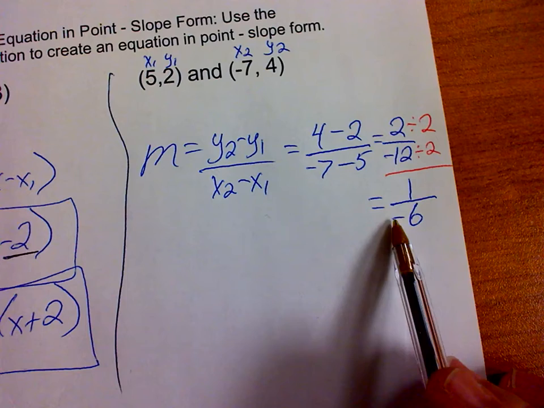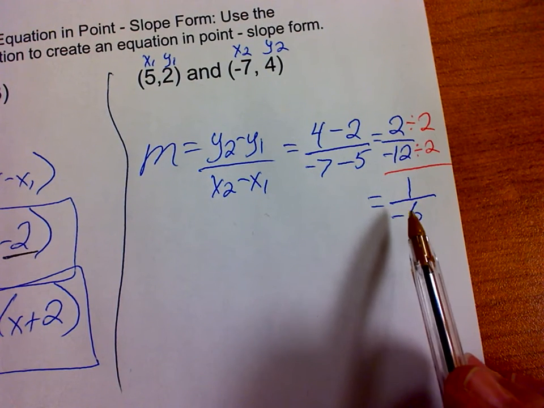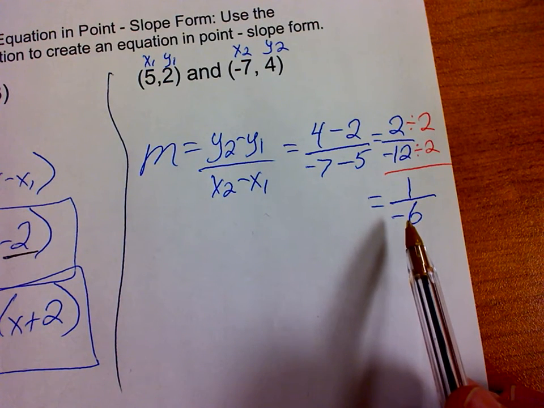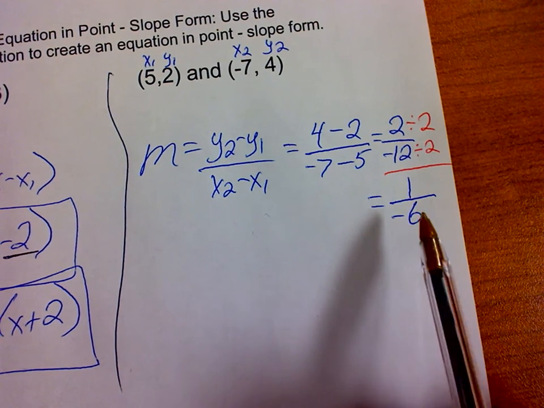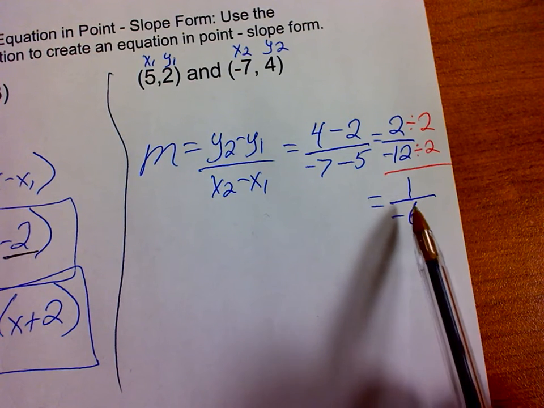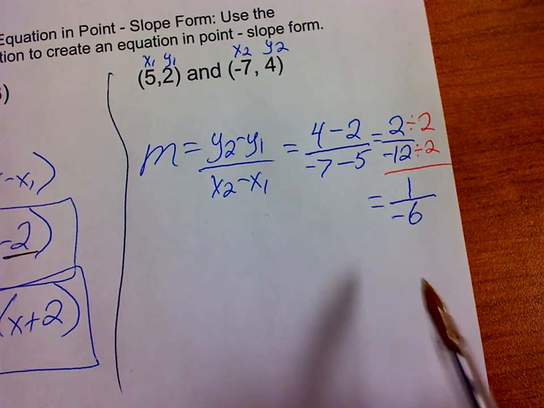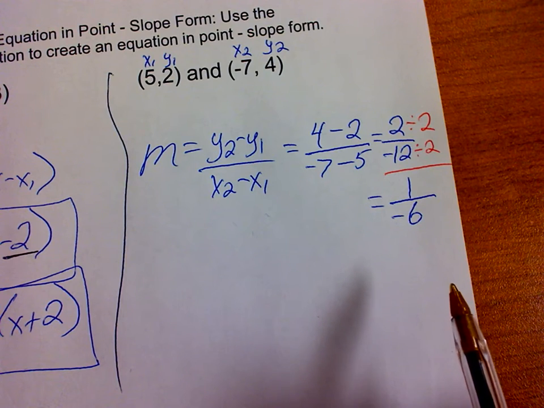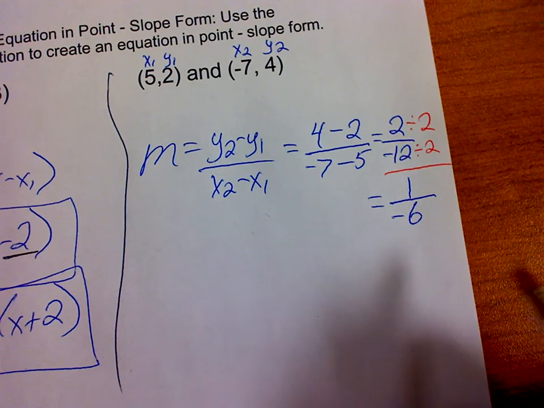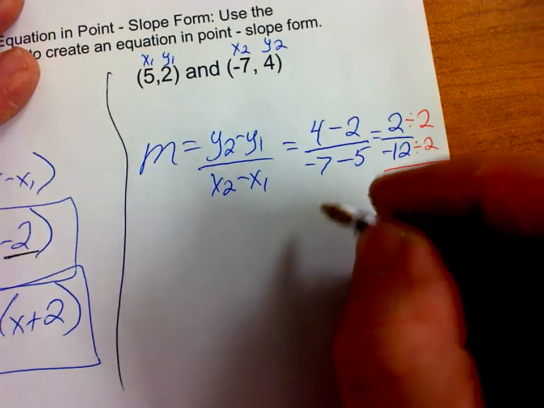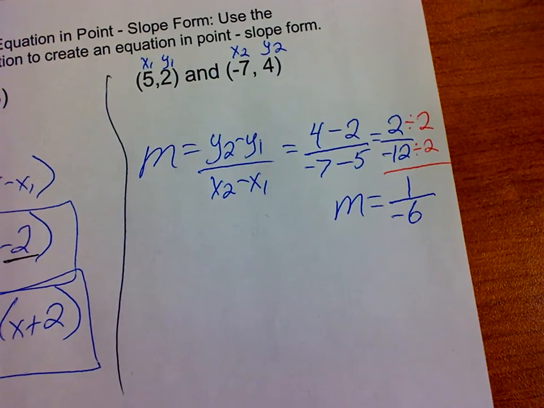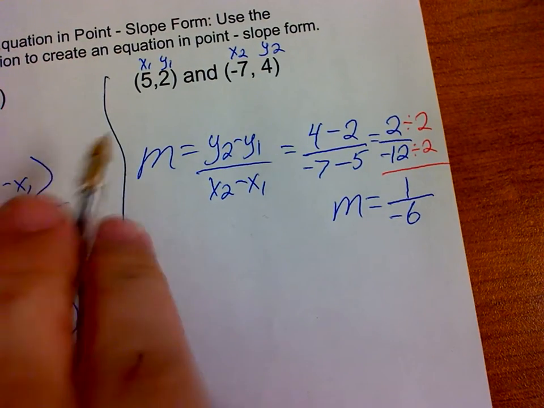But we don't want to add in more negatives, because we don't want to be negative on top making it go down and negative 6 on the bottom making it move to the left. That's not going to be the correct slope. It's not going to go in the direction that we want. So just keep in mind that the negative has several locations it can go to. But that is the slope for these 2 points.